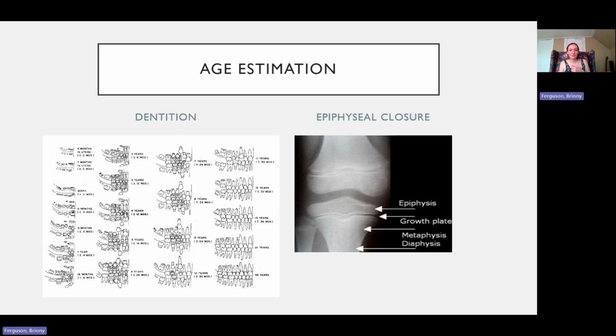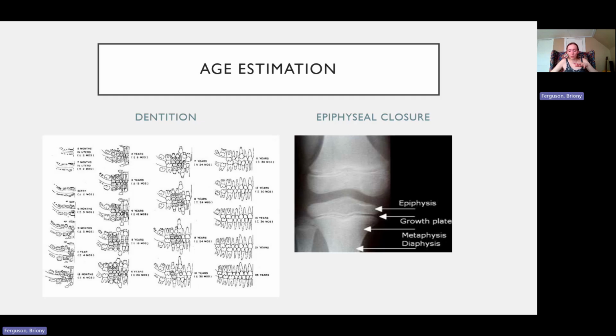It's also pretty predictable when you're going to start getting baby teeth, when you're going to start losing those baby teeth. You can also do a little bit of judgment on this for adults based off of whether or not their wisdom teeth have actually erupted, whether they have started poking through.